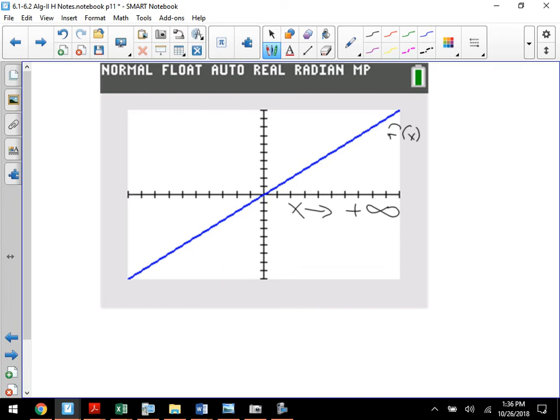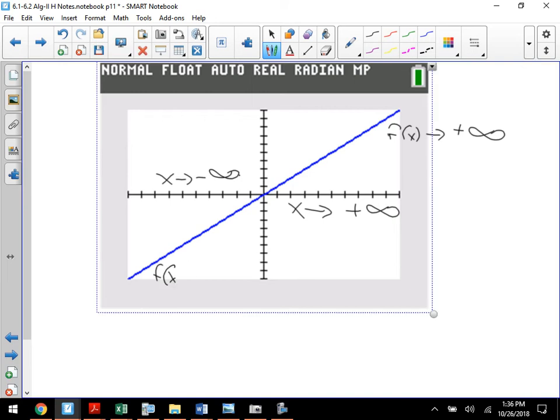The larger number I put in for x, the larger number I get for y, so this also approaches positive infinity. As x gets smaller, what's f of x doing? It's also getting smaller. Good. You guys understand infinity is an idea. It's a number larger, larger, larger.